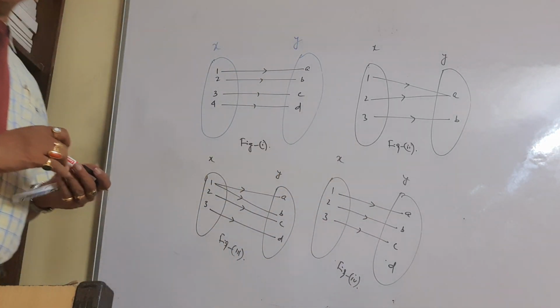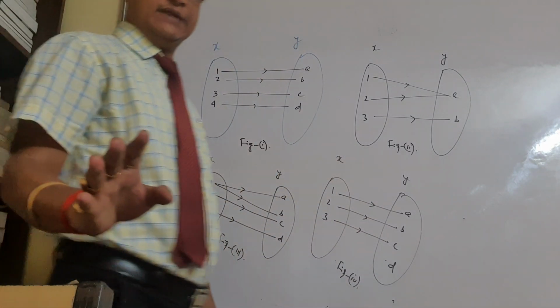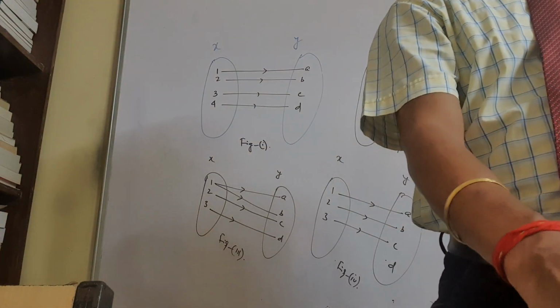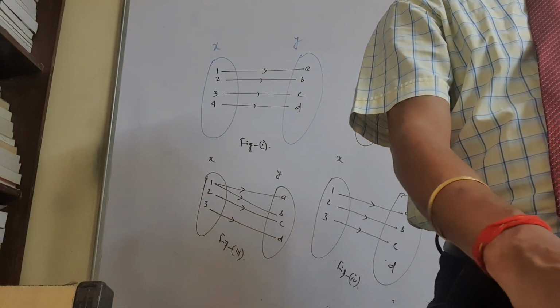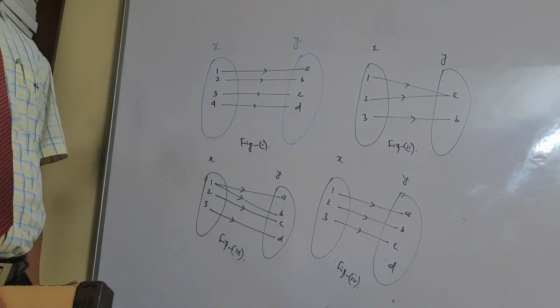There may be many diagrams, but these are the simple 4 possible diagrams we are drawing. I am trying to explain the difference between relation and function, so that we should have a clear cut idea about relation and function.